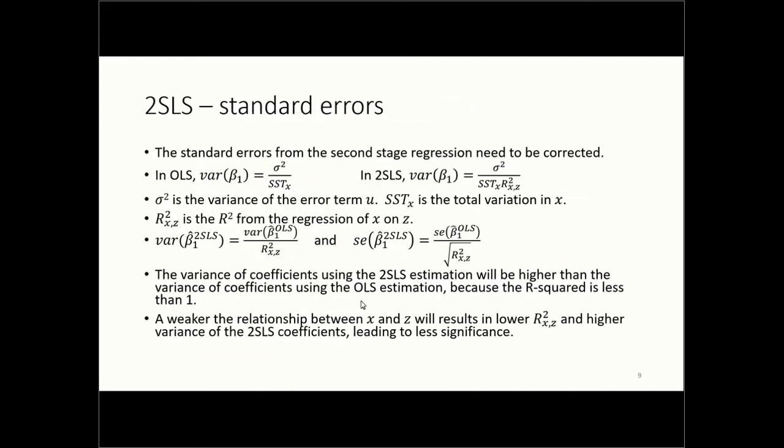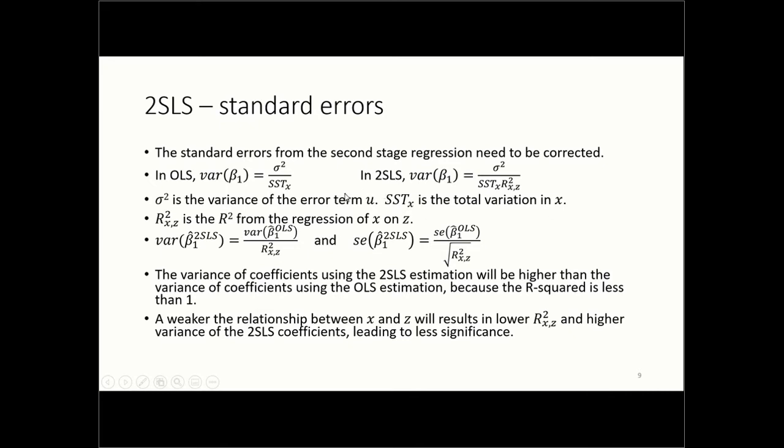A side note here on the standard errors when we do two-stage least squares. The standard errors would need to be corrected. The reason is that in the OLS model, the variance of beta 1 is sigma squared divided by SST. Sigma squared is the variance of the error term u, and SST is the sum of squares total, the total variation for x.